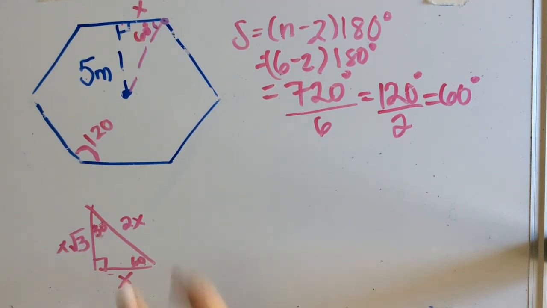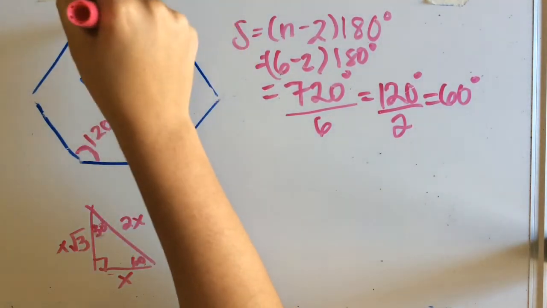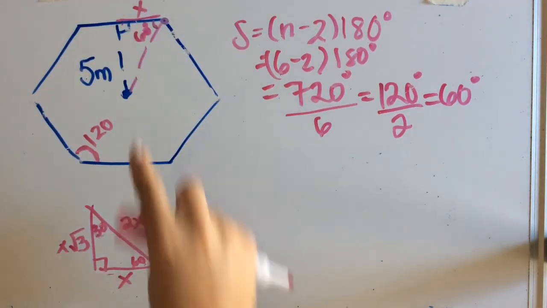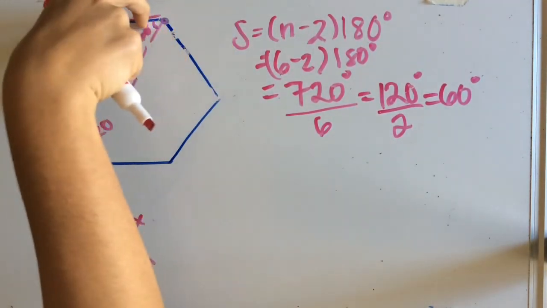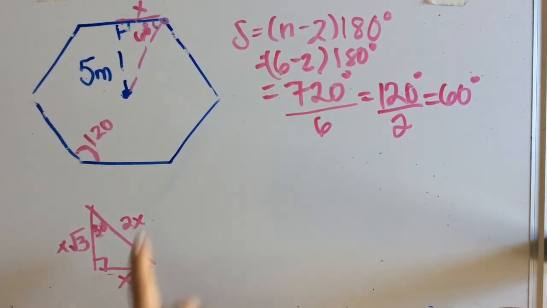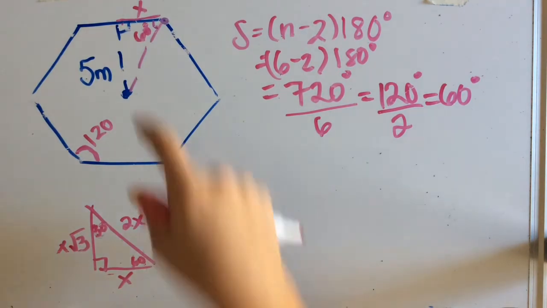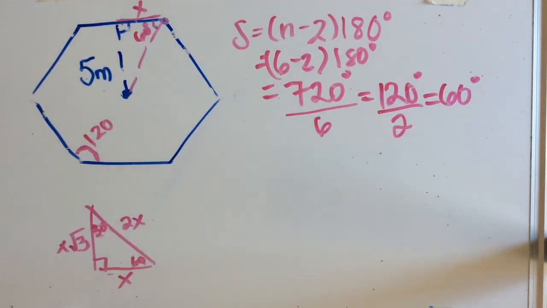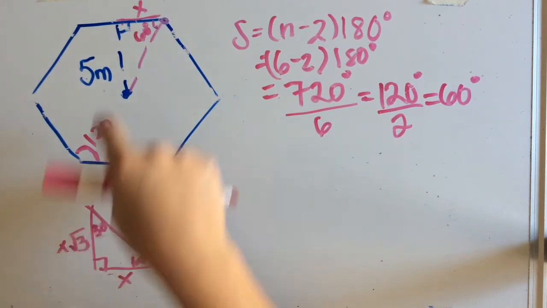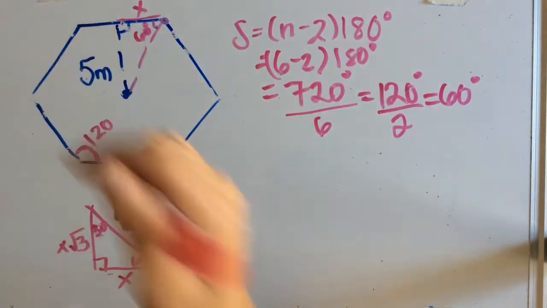So I want to find this short leg, x, because that will give me half of one of my sides, and I want to know the length of this full side. So I'm going to solve for x. I have this long leg right here. If this matches that long leg, I'm going to set them up as an equation equal to each other.